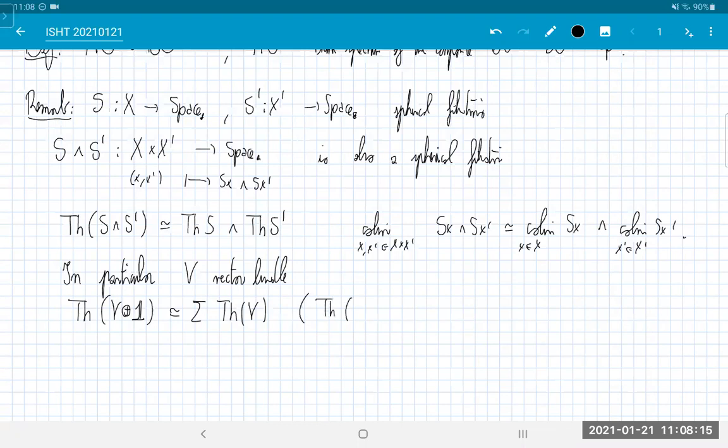Thom space of R over the point is just S1. And V plus 1 corresponds to the external direct sum of vector bundles with this vector bundle.